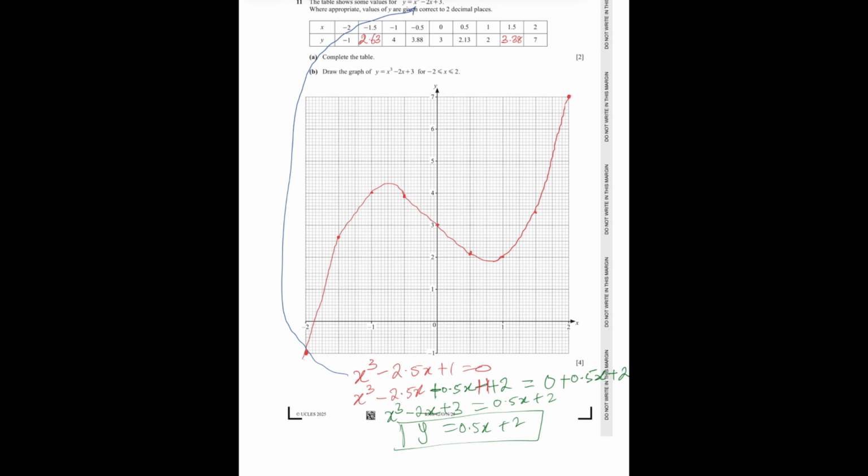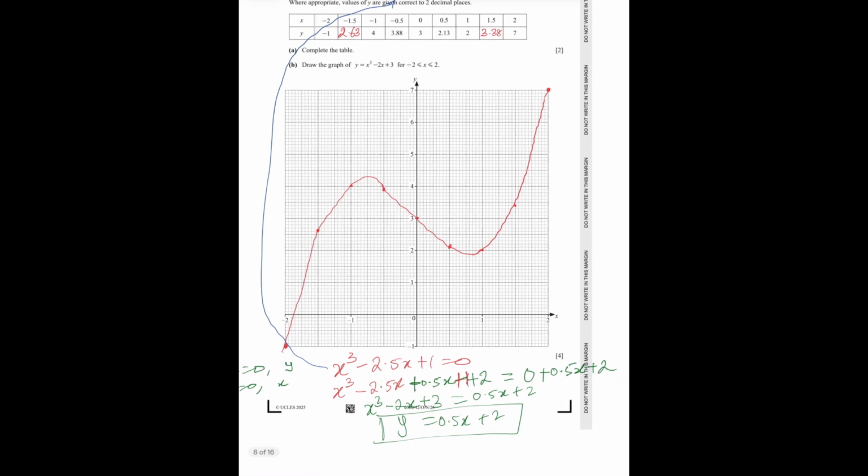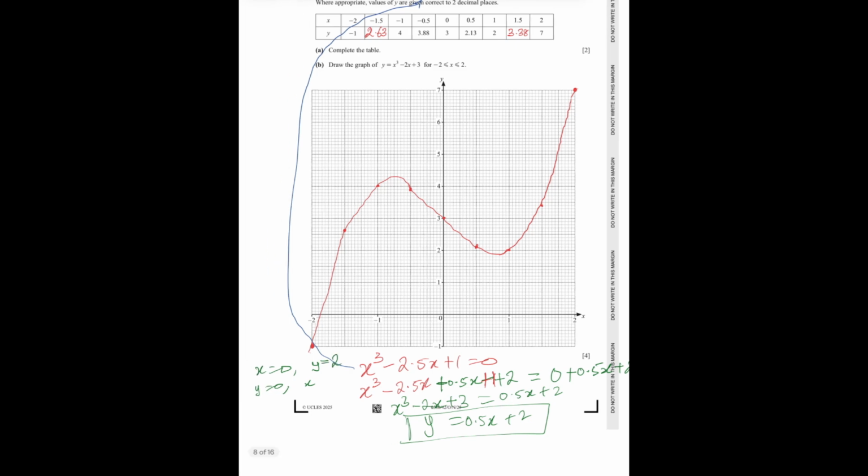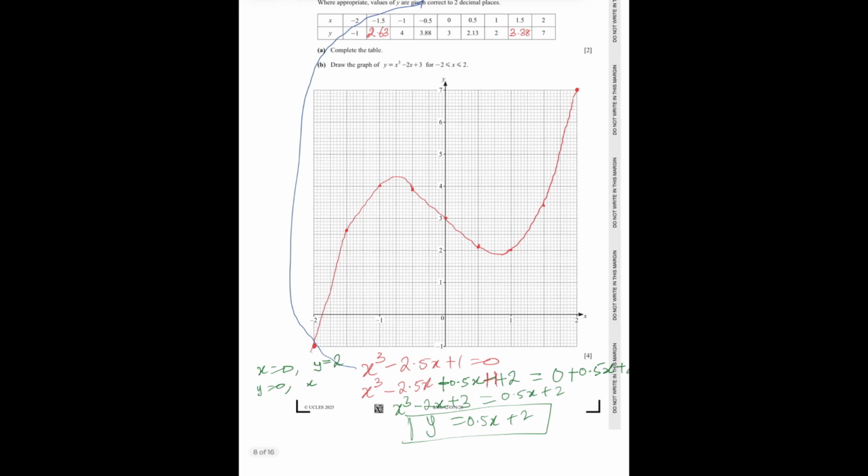How do I draw a straight line? The easiest way, when x is 0, find y. When y is 0, find x. So when x is 0 in y equals 0.5x plus 2, y is 2. When x is 0, y is 2. When y is 0, so 0 is equal to 0.5x plus 2.